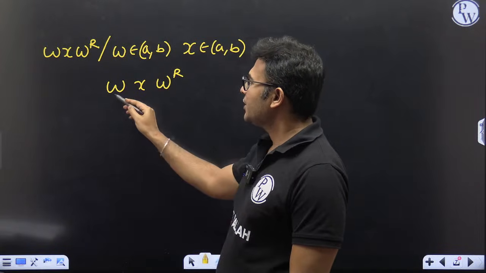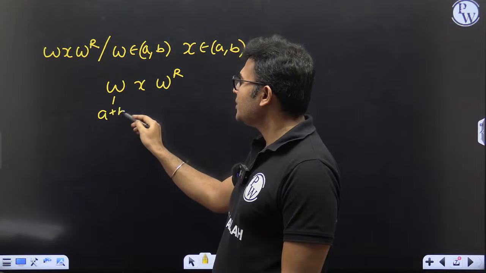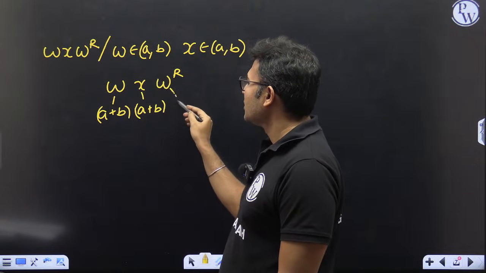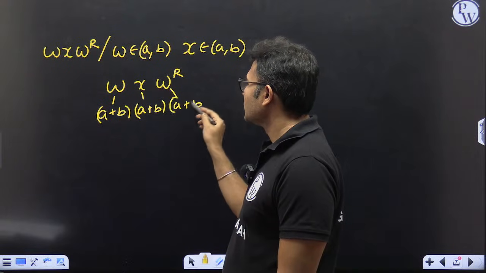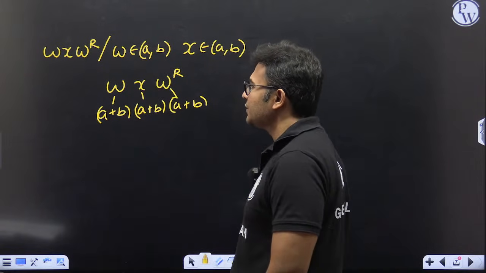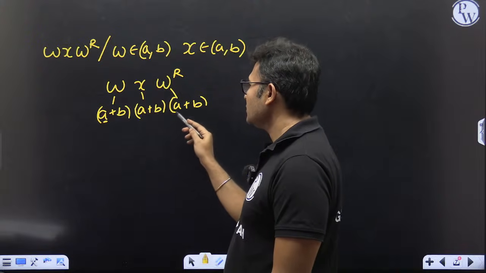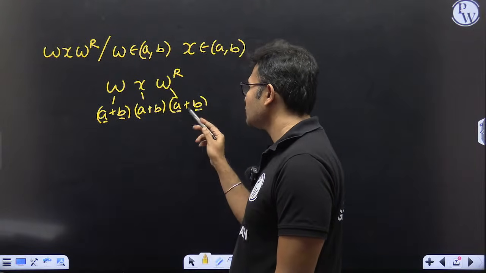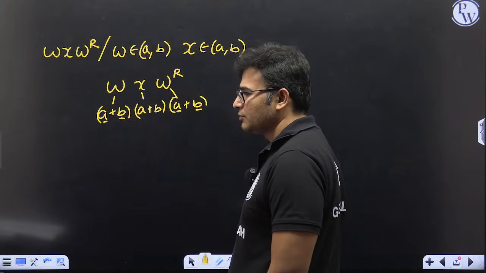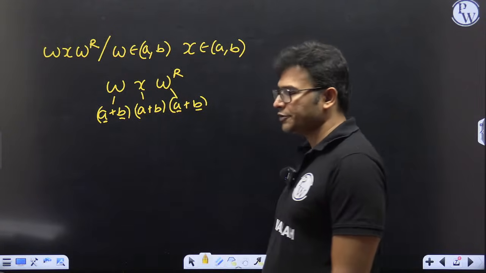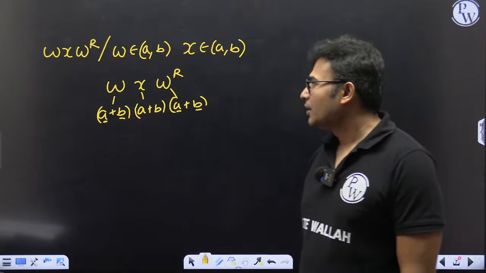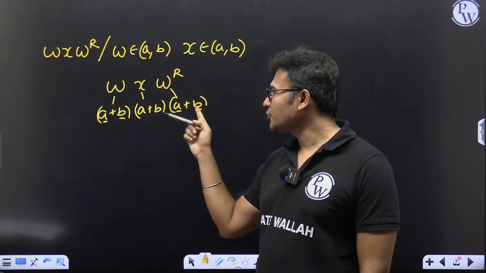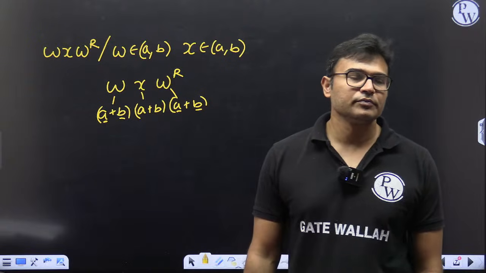You cannot write it as (A+B)(A+B)(A+B). The reason is, if W equals A, W power R should be equal to A. If W equals B, W power R should be equal to B, right?